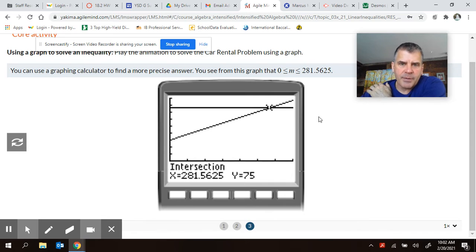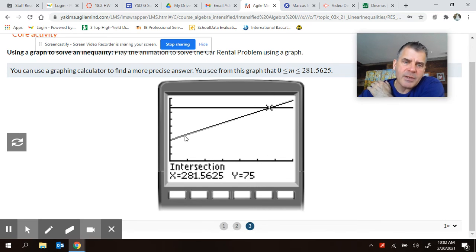Now, because you don't have the graphing calculator, but if you see here, it's the same thing that you see in the graph going from 0 up to this point right here. If you were able to see what the scale was on this graph, you would know it's going up by, obviously, more than 1, up to 281.56. That's this value right here.